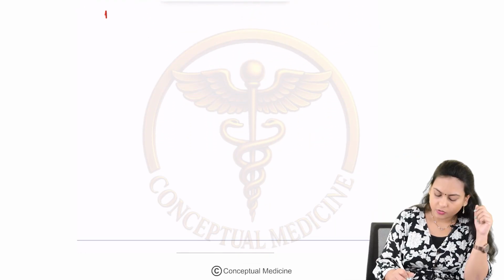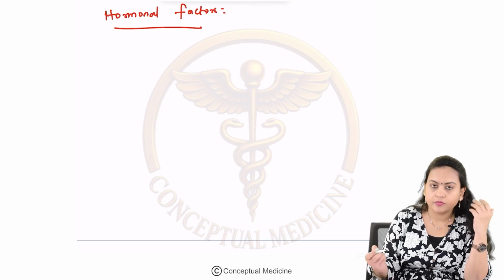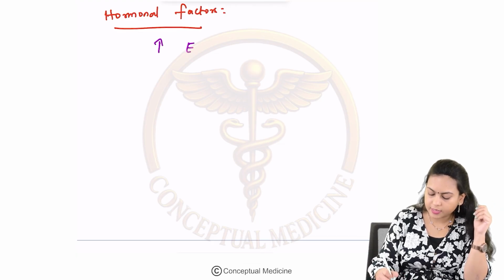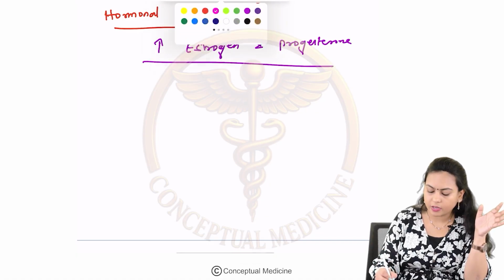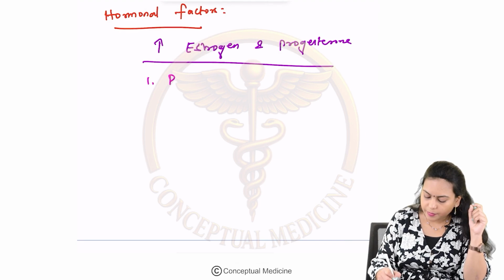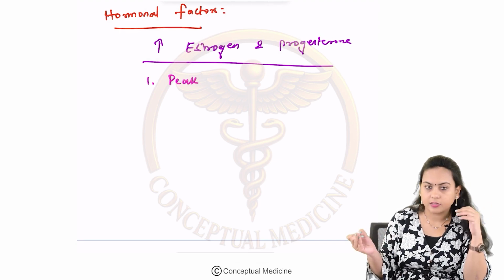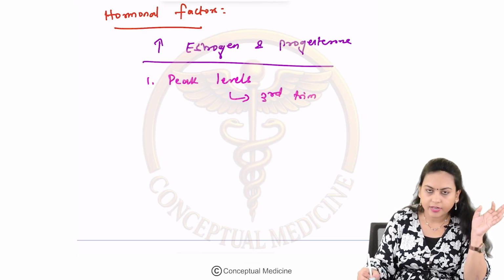Now we will see the hormonal factors. This condition is high in women who have increased levels of estrogen and progesterone. Normally the hormonal levels increase during the third trimester, with peak levels seen in the third trimester. Hence, the presentation of this disease is mostly in the third trimester. Can you understand?